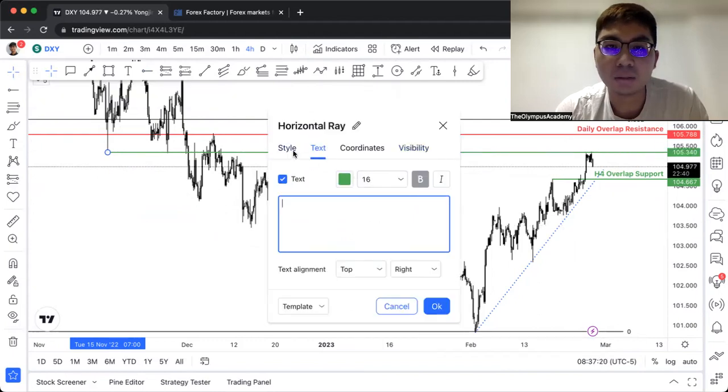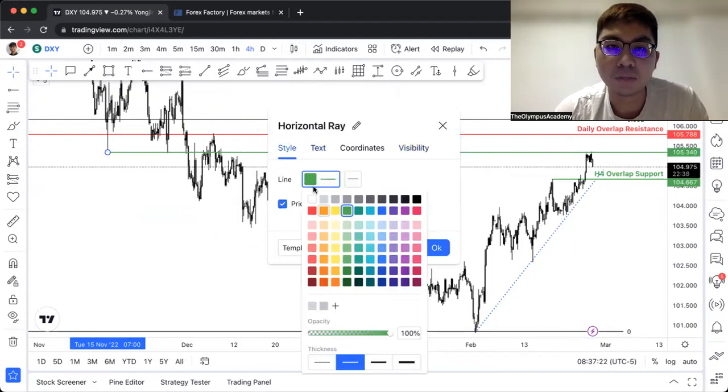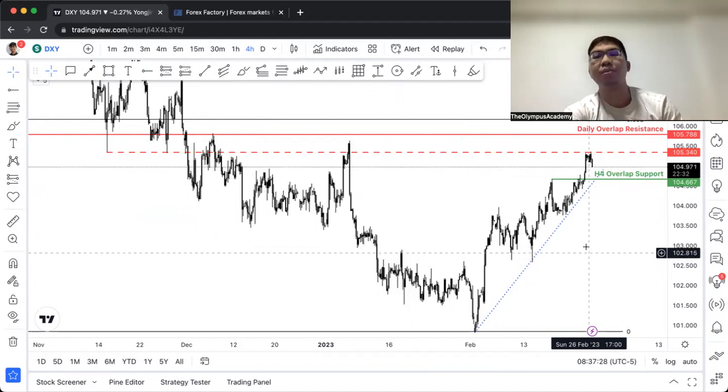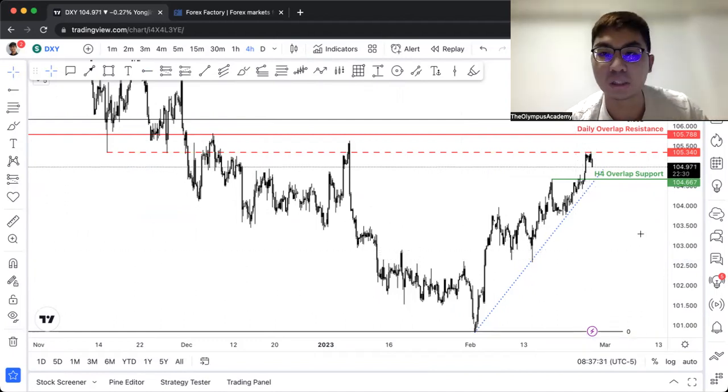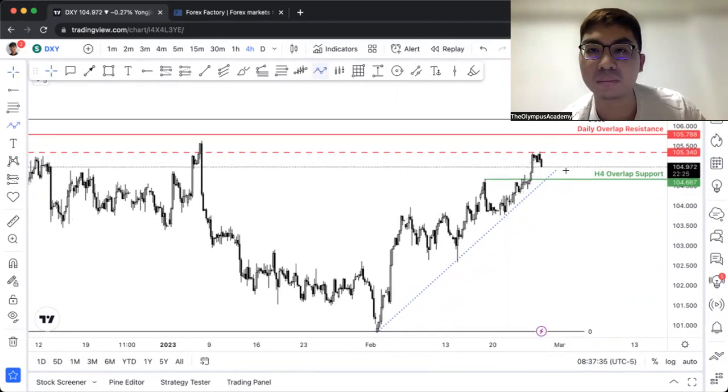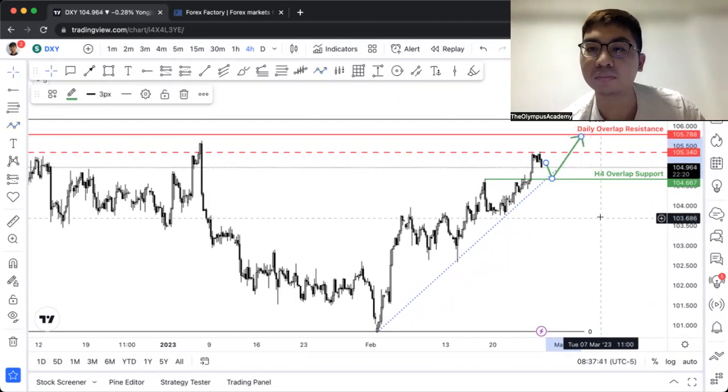Never mind. Turn it red. It's dotted dash, so you know that it's an intermediate resistance area that price actually struggled to break through. So likely we could see price hit down, retest this H4 overlap support before continuing to trade bullish.